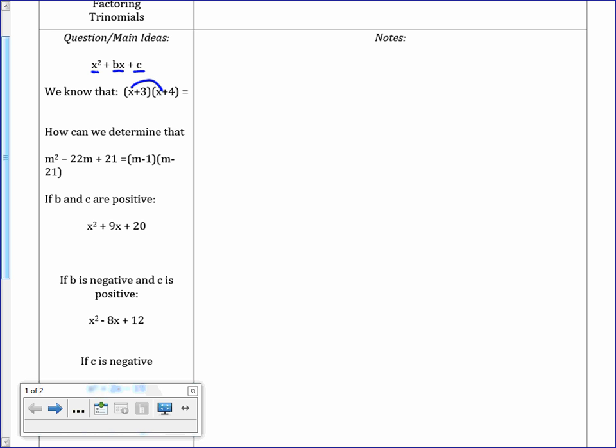If b and c, remember we have bx plus c, if b and c are positive, if those have a positive value, I'm going to figure out the factors of c, or the factors of 20.